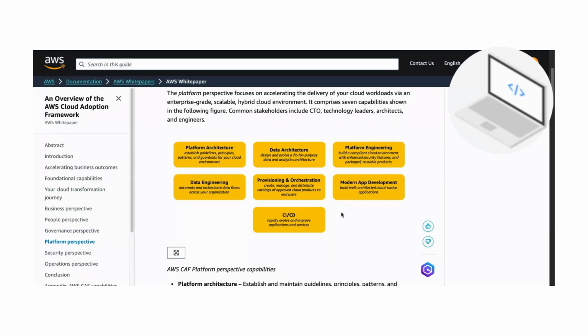And finally, there's continuous integration and continuous delivery, or CI/CD. This capability enables you to evolve and improve your applications and services too in a way that's faster than traditional software development methods. By adopting DevOps practices, you can innovate more quickly and respond better to changing market conditions.